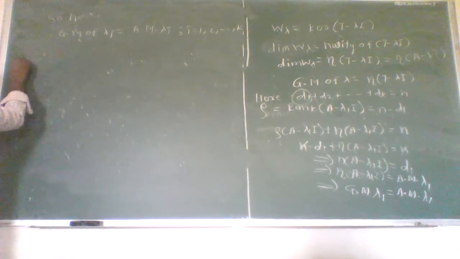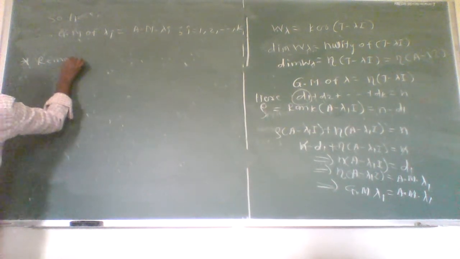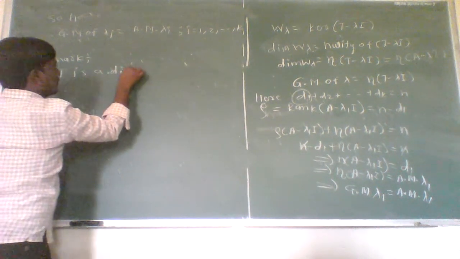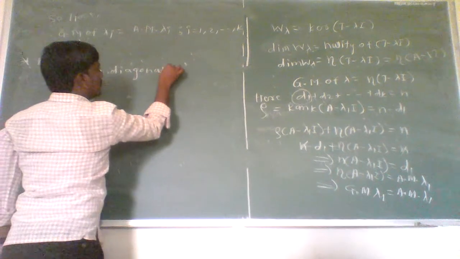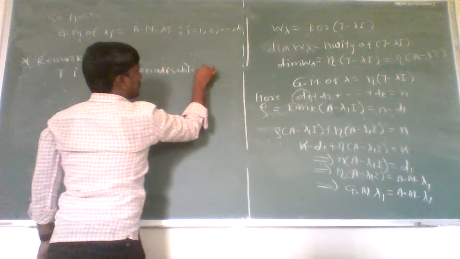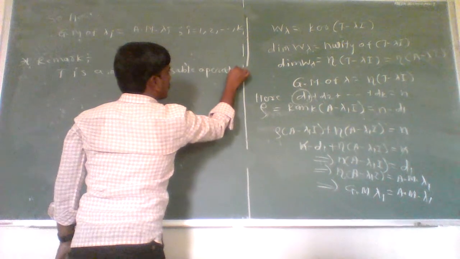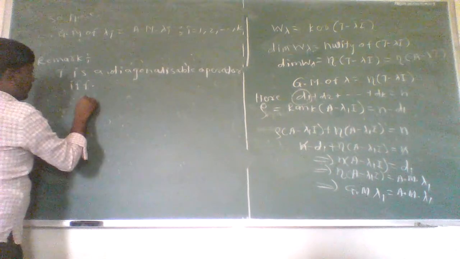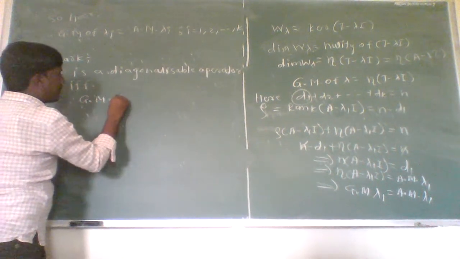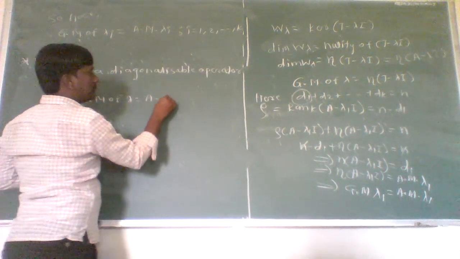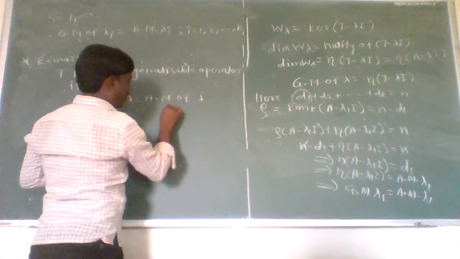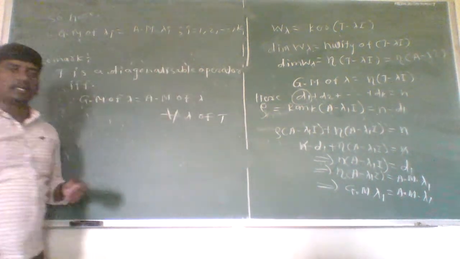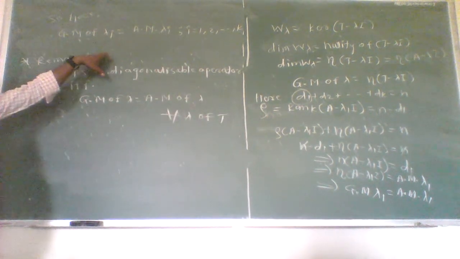From this we conclude one remark: T is a diagonalizable operator if and only if the geometric multiplicity of lambda is equal to the algebraic multiplicity of lambda for all eigenvalues lambda of the linear operator T. Then only the given linear operator is diagonalizable.